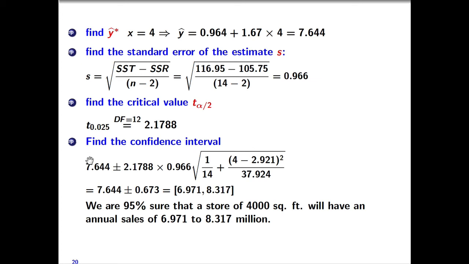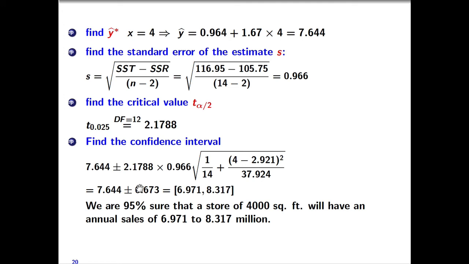So you have y hat star, which is 7.644, plus or minus the critical value 2.1788, times s, which is 0.966, times the square root of 1 over n, which is 1 over 14, plus x star, which is 4, minus x bar, which is 2.921, squared, over the denominator, which is 37.924.